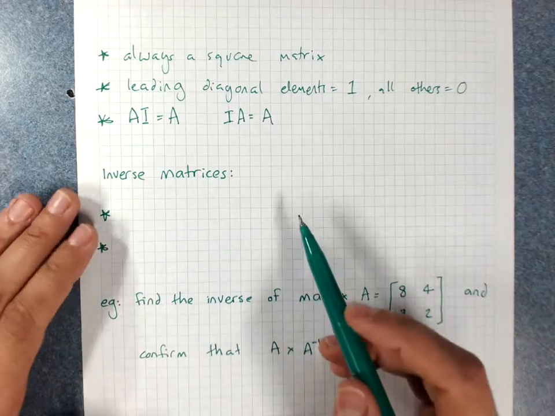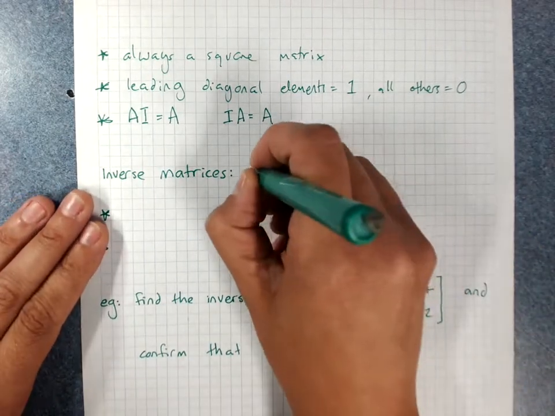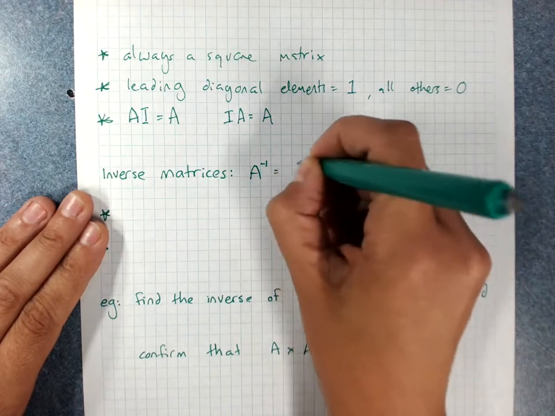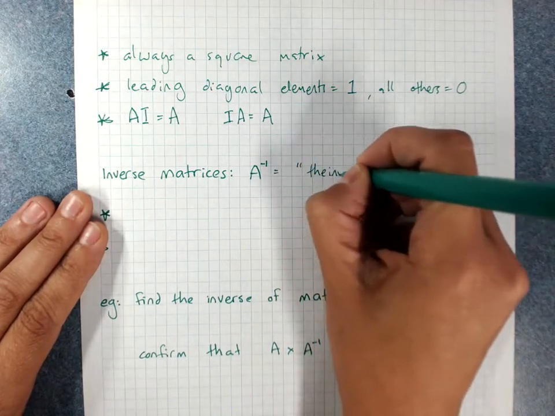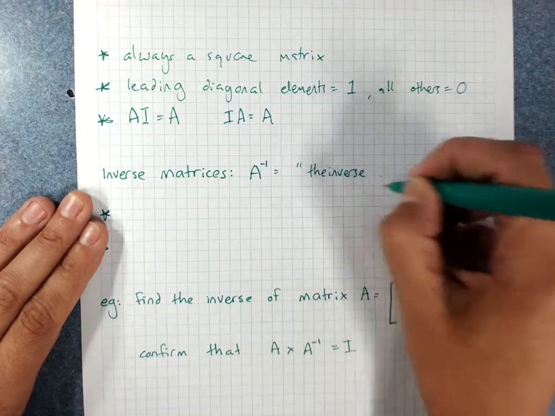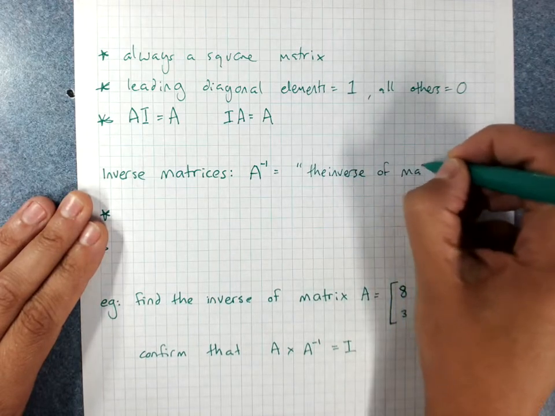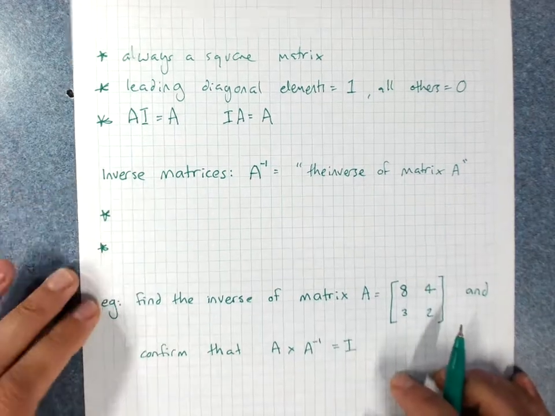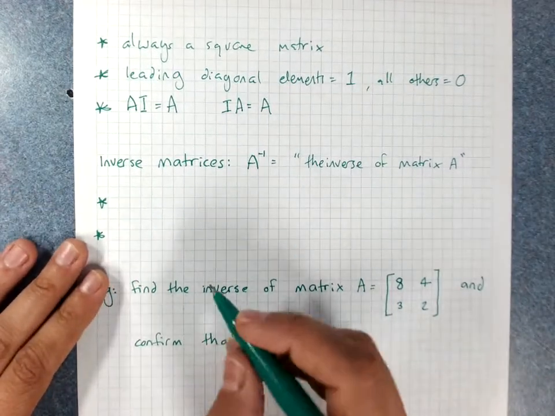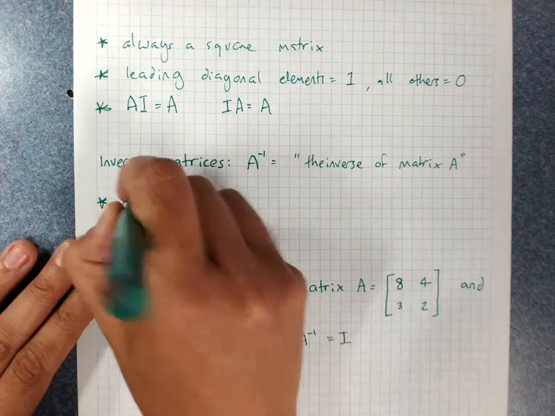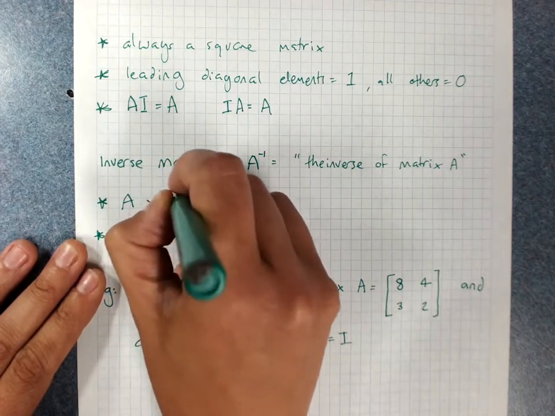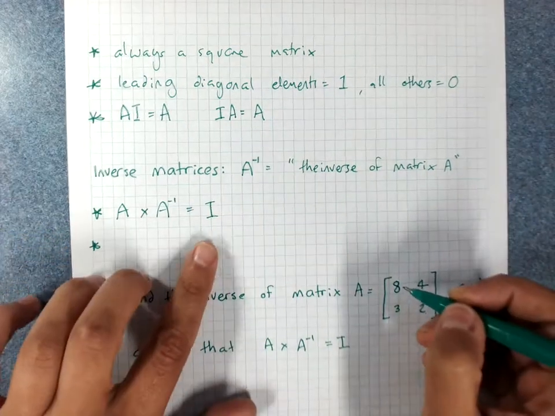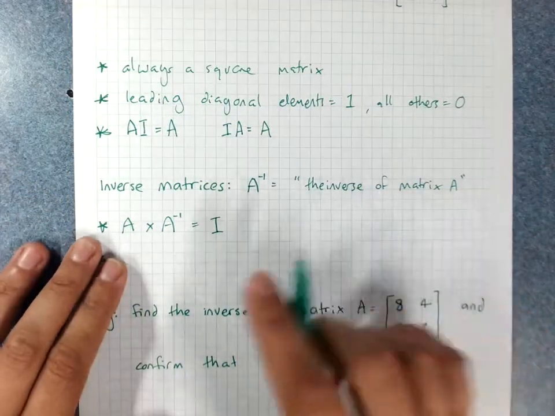Now, inverse matrices. A to the power of -1 is the inverse of matrix A. It's like the opposite. And it's the opposite because matrix A times inverse A equals the identity matrix, the one matrix.